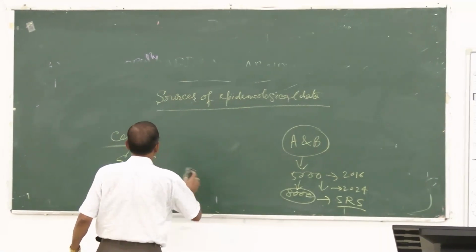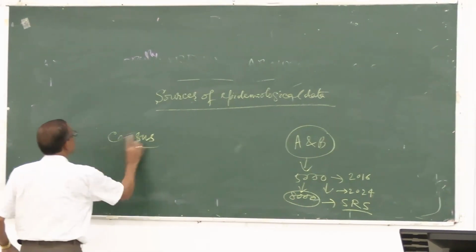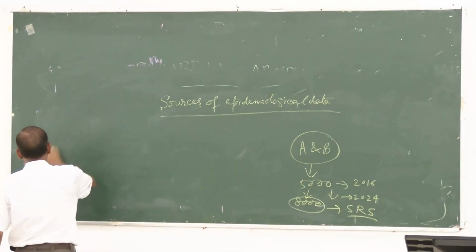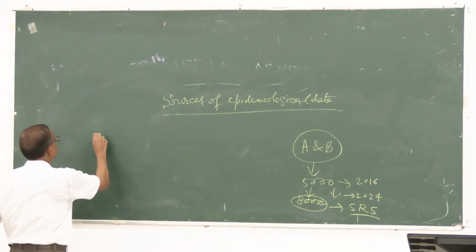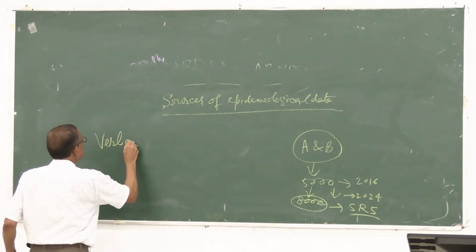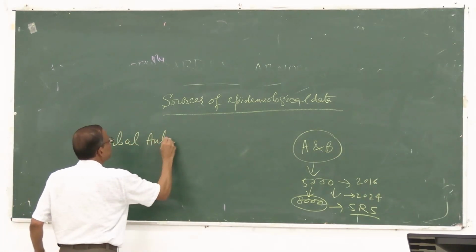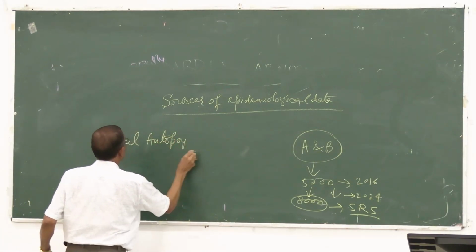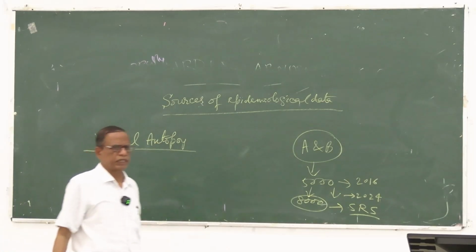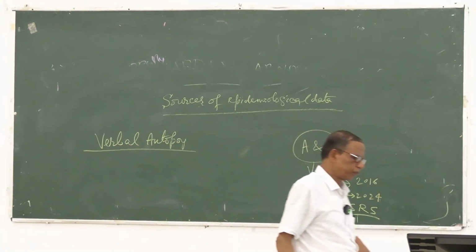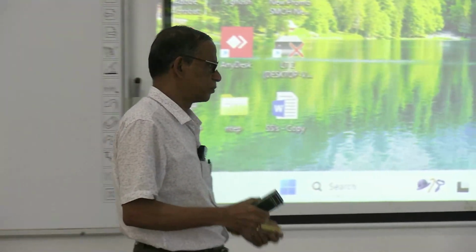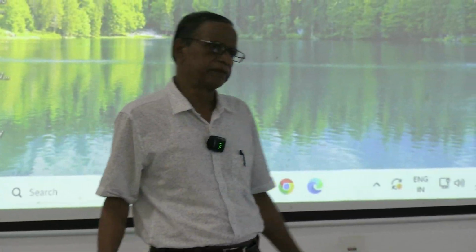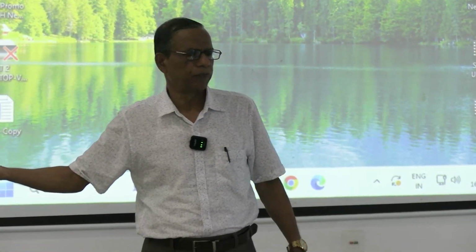What else is an important source of data? Verbal autopsy. Verbal autopsy is an important source of data, particularly in the rural areas. We were given training on verbal autopsy at Bangalore.